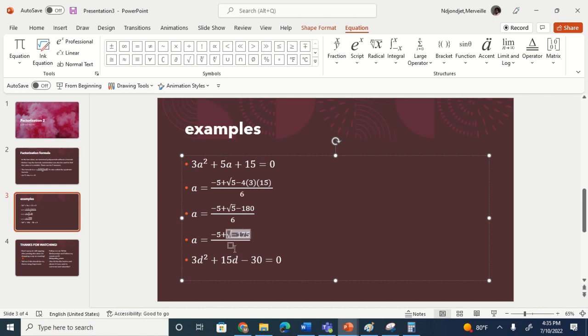So it means that a is not a real number in this case. But it's okay. Sometimes the answer is not a real number either. So it can't always be just a negative number, a positive number, or just zero. It can sometimes be a non-real number. That's what I'm going to say.